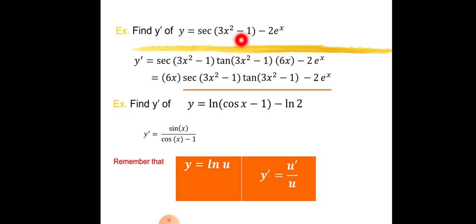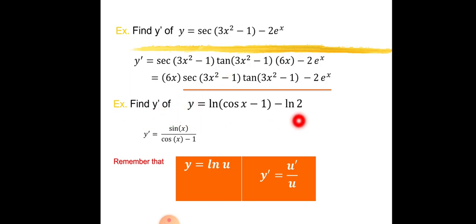But don't forget to find the derivative of what is inside. So the derivative of sec is sec tan, times the derivative of what is inside, which is 3x squared. Put the power down, so we have 2 times 3, which is 6x to the power 1, because we have to subtract 1 from the power. The derivative of 2 e to the power x is 2 e to the power x. You can simplify this expression if you want.